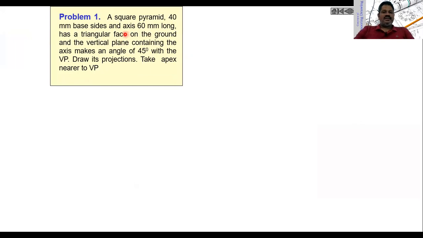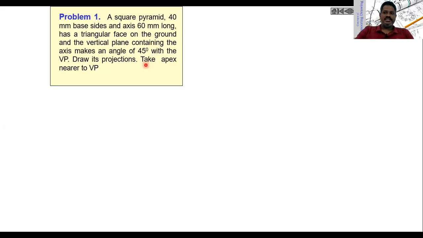That means the triangular face of the square pyramid is lying on the ground, on the HP, and the vertical plane containing the axis makes an angle of 45 degrees with VP. That means the axis is making 45 degrees with VP, and the triangular face is lying on the ground.